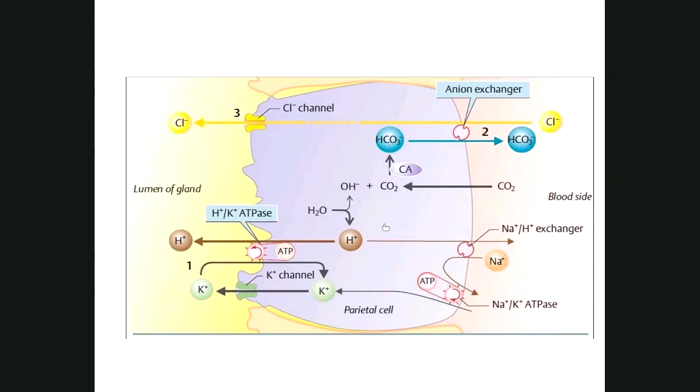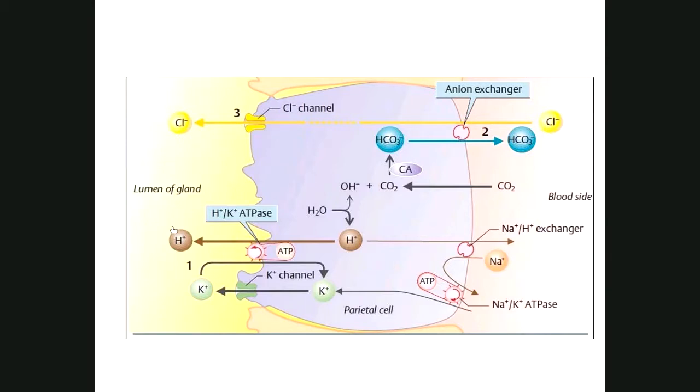It is generated through the same mechanisms of binding with CO2 that you already know. CO2 with water, carbonic acid, and hydrogen and bicarbonate. Remember those which we have described before? So the hydrogen will be pushed through a special pump. This pump will use energy in the form of ATP, pumping hydrogen outward, and this hydrogen is the part of acidity.